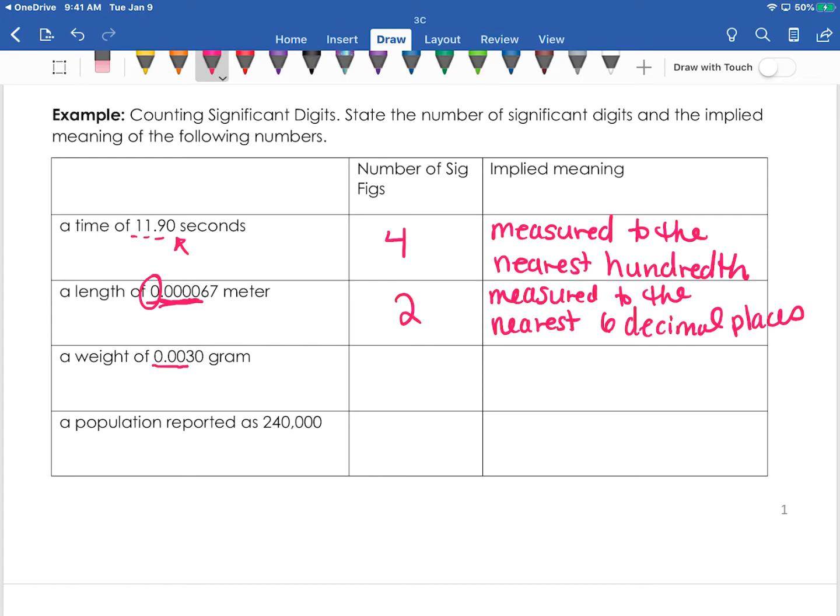It is a 0 to the right of a non-zero digit, and it's on the right-hand side of the decimal place. So that's considered a trailing 0. So in this case, we have the 3 and the 0, which are significant. So we have 2 significant digits, and this tells us that it was measured to the nearest 4 decimal places.